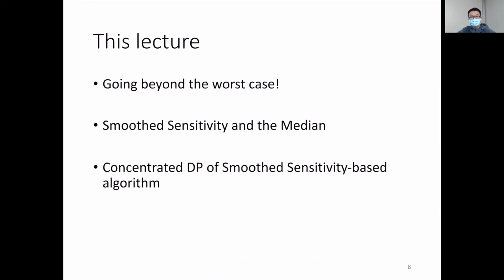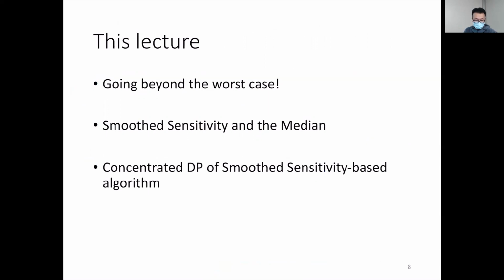We'll get back to this problem after we introduce some new tools in the upcoming chapter about data-dependent differentially private algorithm design. This lecture is going to be about how we go beyond the worst case, and how we design algorithms that don't rely on, say, the worst case sensitivity.